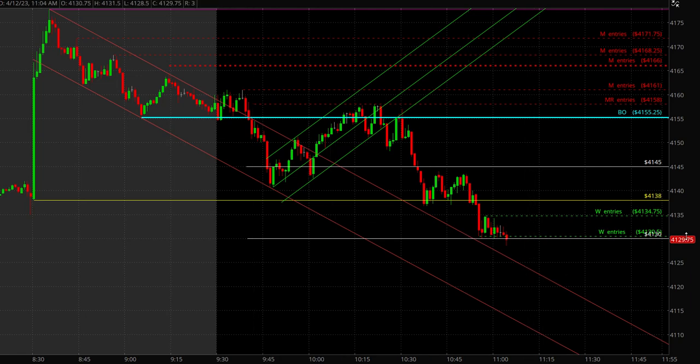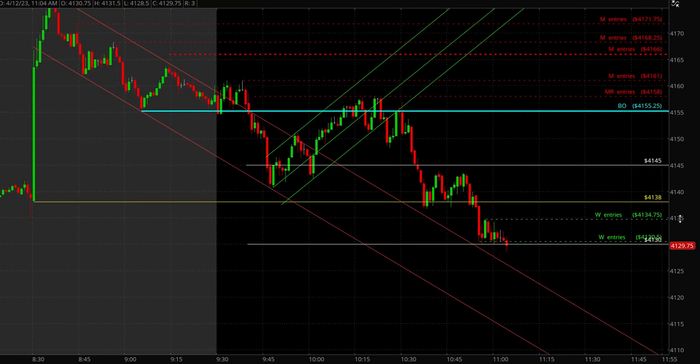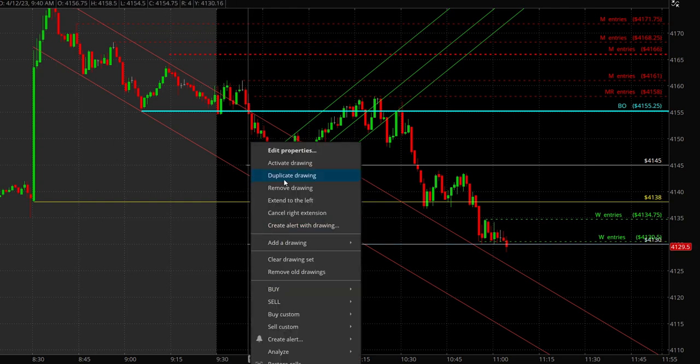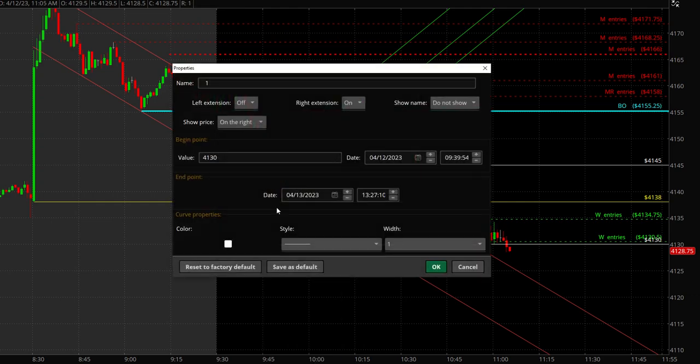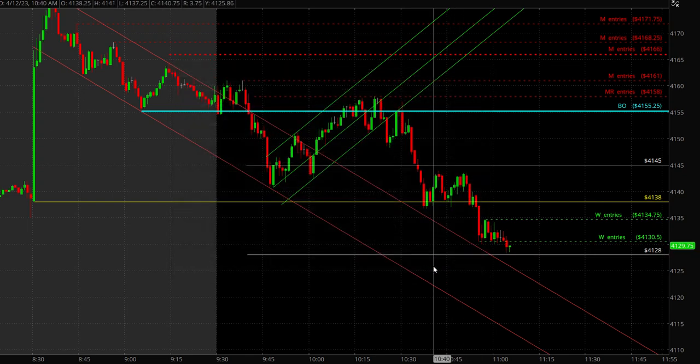That's easy. 28. Right here, 28. So it's going to be a fight right here, 28. That's conventional technical analysis. So we are in a 45 to 28 channel right now.